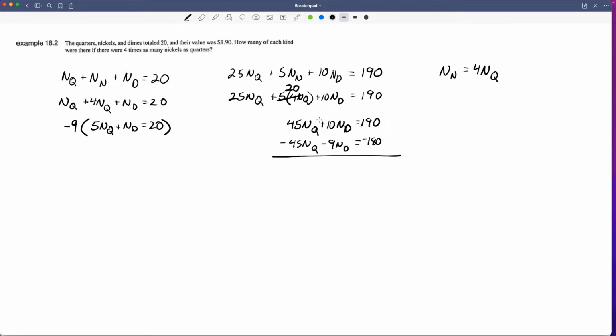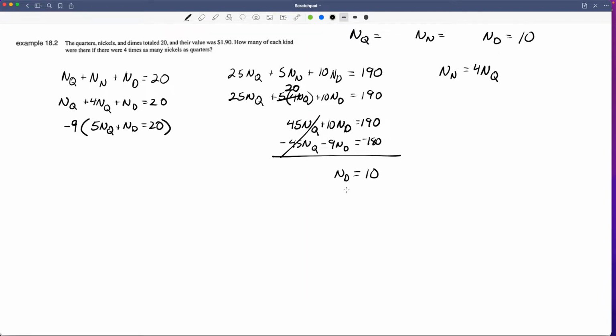Now I can eliminate the number of quarters, and 10 minus 9 is 1, so the number of dimes is equal to 10. So out of the number of quarters, nickels, and dimes, I have found that there are 10 dimes.